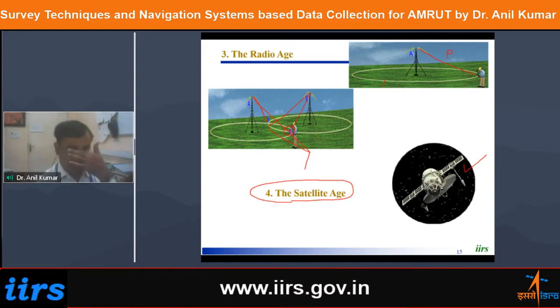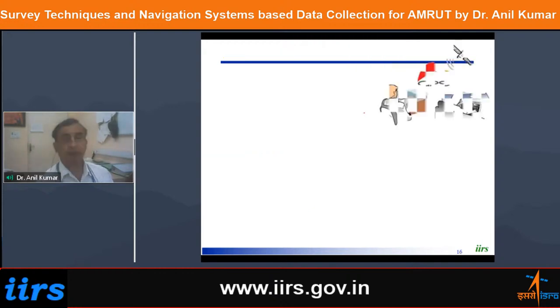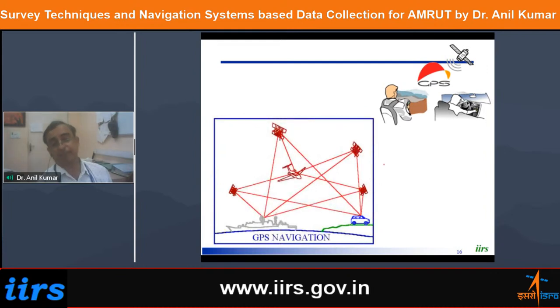So if we have 3 satellites in my area, I can get the signal simultaneously from the antennas of these 3 satellites, and they will intersect at one point. The moment they intersect at one point on the ground, I can get the coordinates of this point. So the concept is the same, only these towers are not on the ground, they have been taken into space.